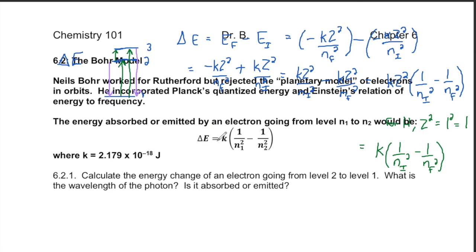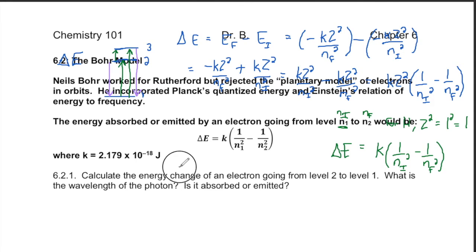At the beginning of section 6.2, we have the change in energy, that's what we started out figuring out, is k times 1 over n initial squared minus 1 over n final squared. So it's going from level n1, n1 is the n initial, to n2, that's where it ends up, that's the n final. So this matches this equation.